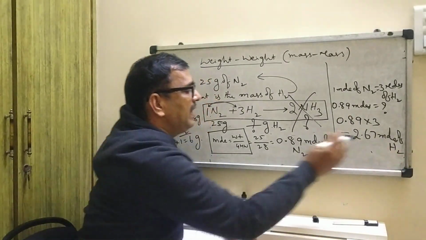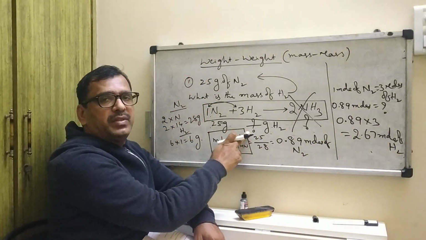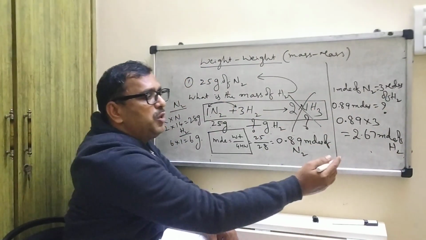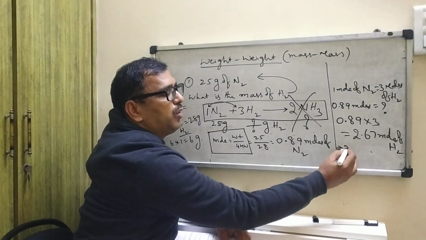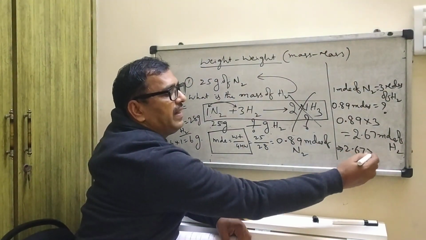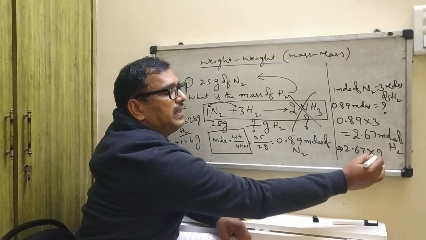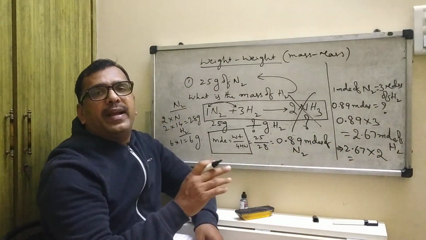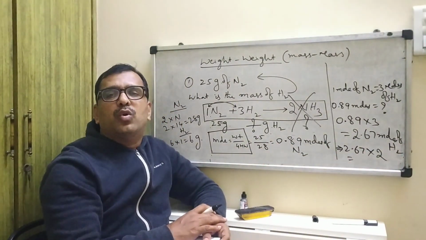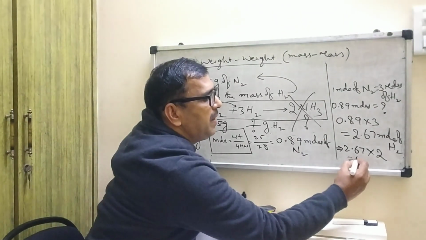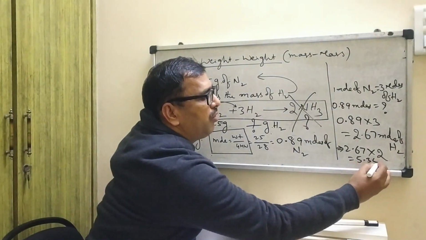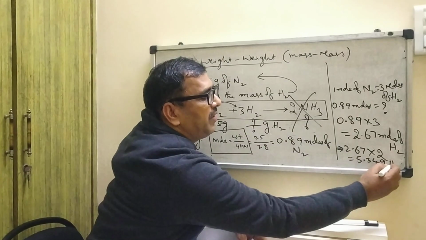But the answer is asked in grams, so you have to convert it. Hydrogen's molecular weight is 2, so 2.67 into 2 gives 5.34 grams of hydrogen.